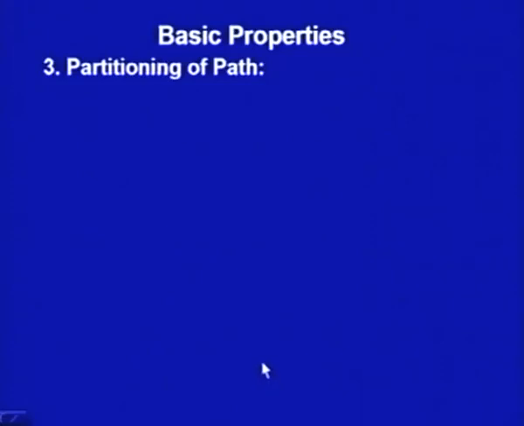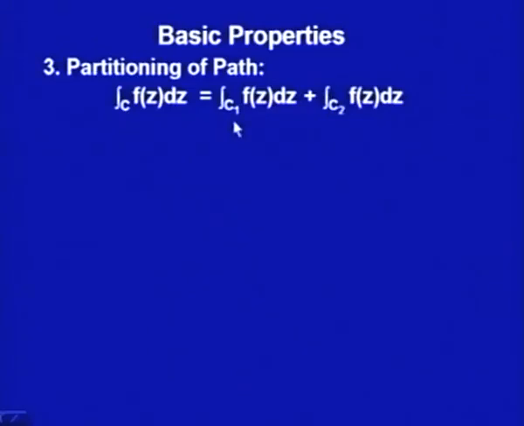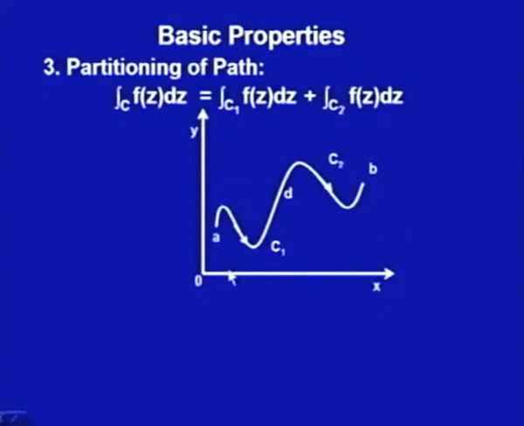partitioning of path. Say I want this integral of f z dz on the contour C. This can be written as the sum of two contour integrals on the different contours C1 and C2, where C1 and C2 are the partition of the contour C. Suppose this is my contour C, and at this point D, this contour is partitioned into two parts: from A to D this is the contour C1, and from D to B this is contour C2.